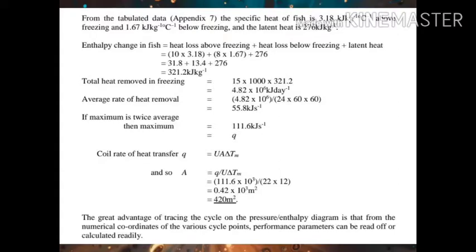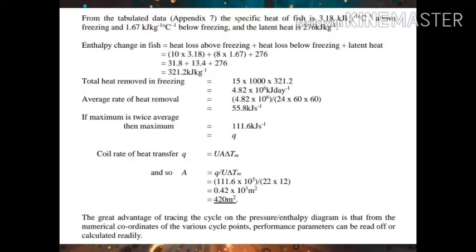From the tabular data, the specific heat of fish is 3.18 above freezing and 1.67 below freezing, and the latent heat is 276. Enthalpy change in fish is equal to heat loss above freezing plus heat loss below freezing plus latent heat, which is equal to 321.2. Total heat removed in freezing is equal to 15 times 1000 times 321.2, which is equal to 4.82 times 10 to the power 6.